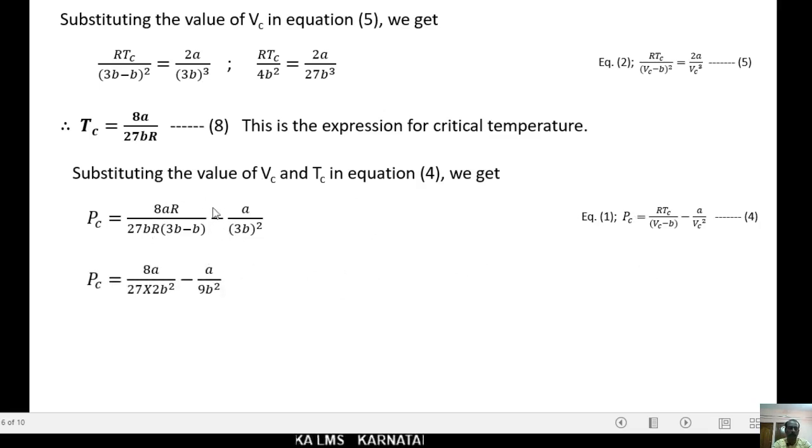On further simplification, we get 8a divided by 27 into 2b square, minus a upon 9b square.